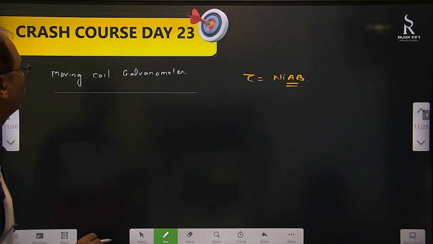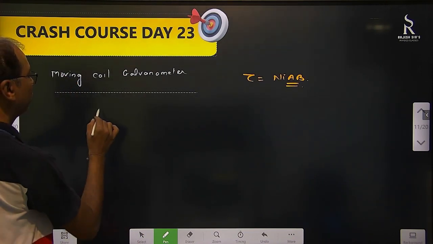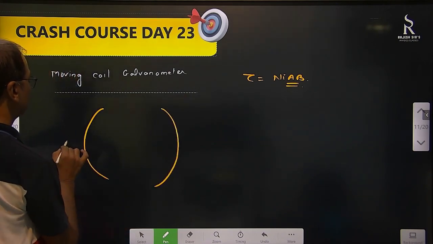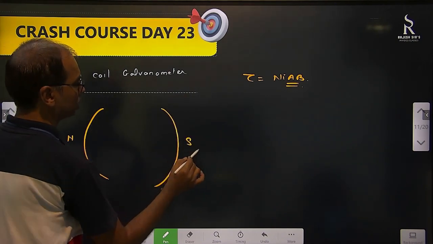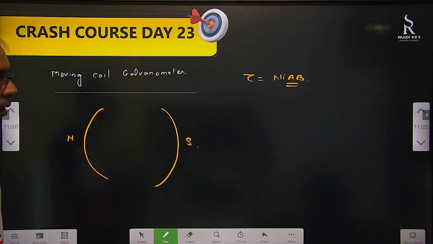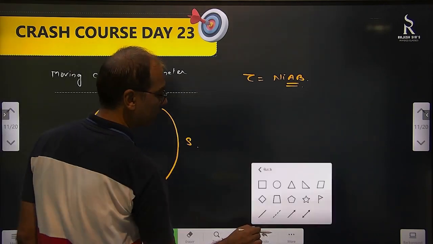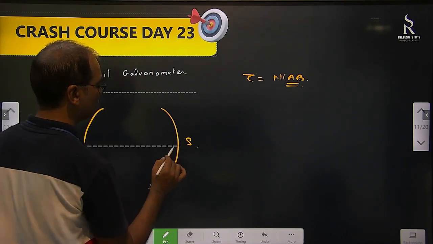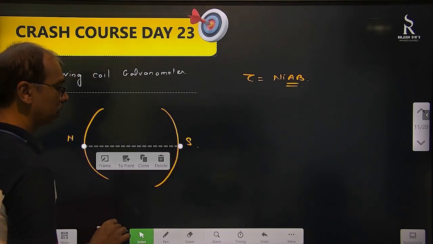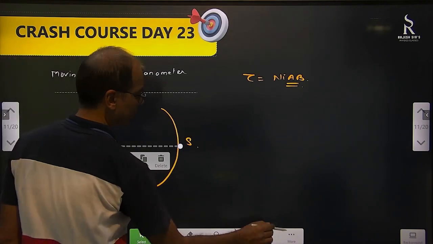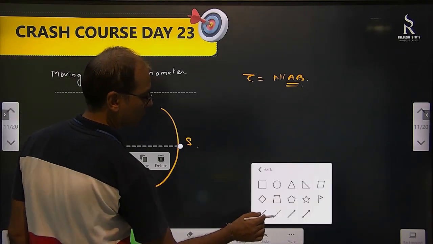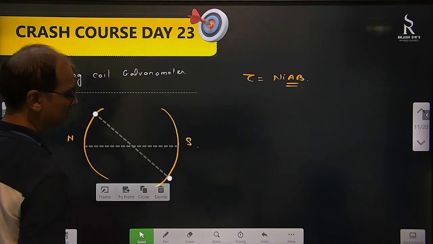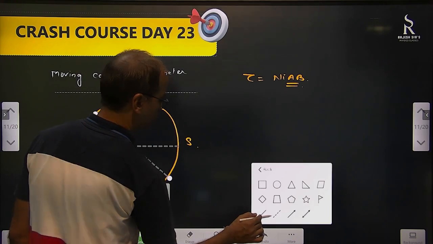In the moving coil galvanometer, the external magnetic field is produced by this kind of magnet. Why like this one? Because it produces a radial magnetic field, that means the magnetic field is in the direction of the radius. It is like this, and one more I'll make, and one more like this.